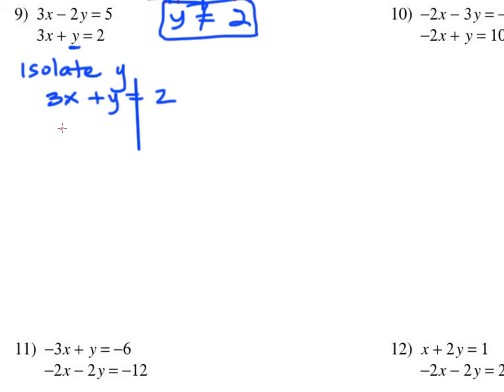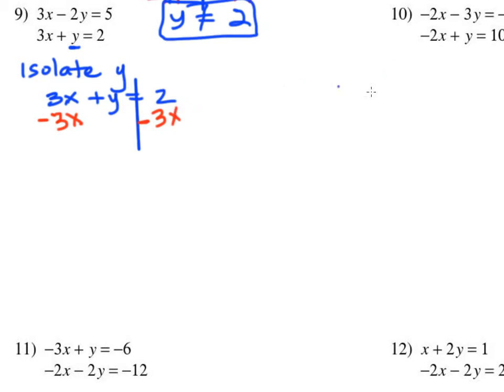Well, you have to ask yourself, who is y hanging out with? Y is hanging out with 3x. So how do I get this 3x over here? You have to do the opposite. So we're going to subtract. Boom, that's nice. Subtract 3x from both sides.